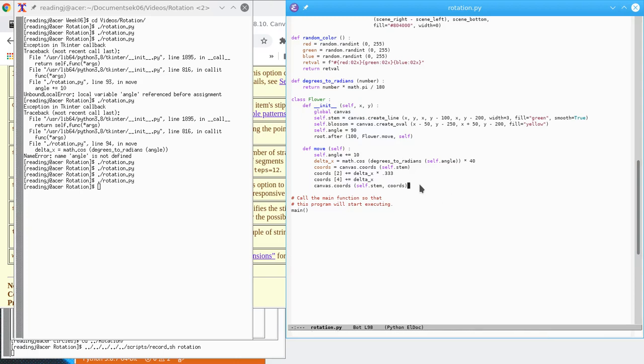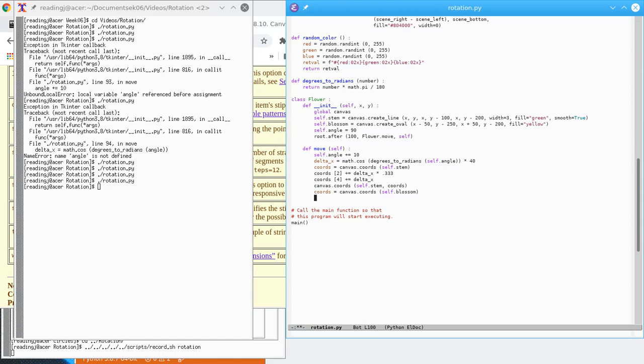So now we need to do coords equals canvas.coords, self.blossom. I'm reusing this variable coords because it's still a set of coordinates. That's an x y, x y, right?